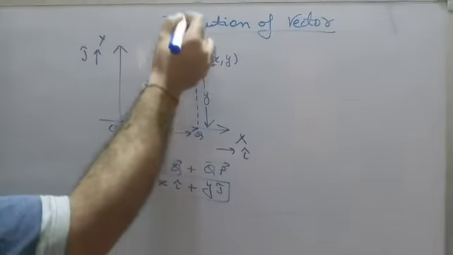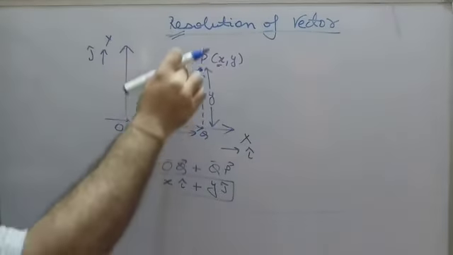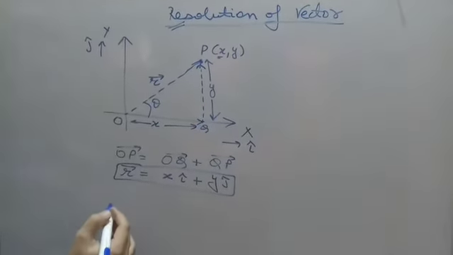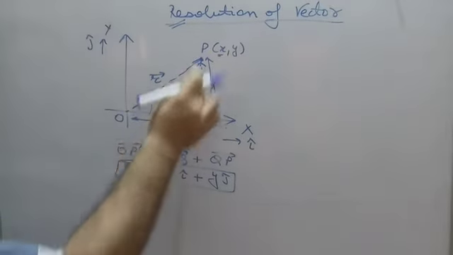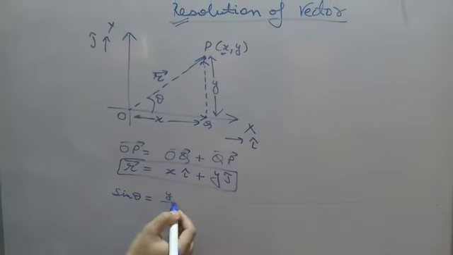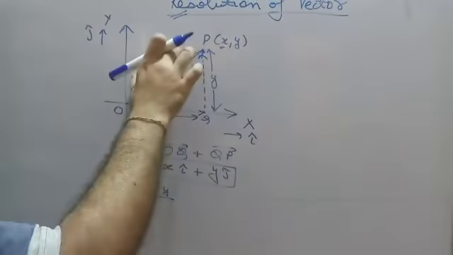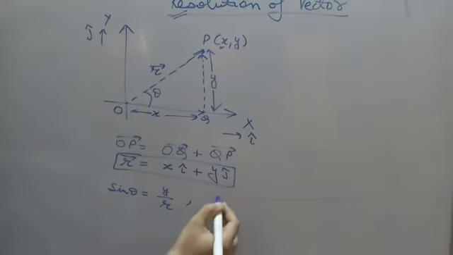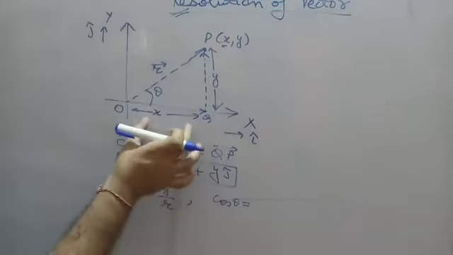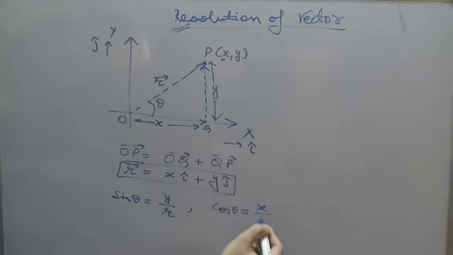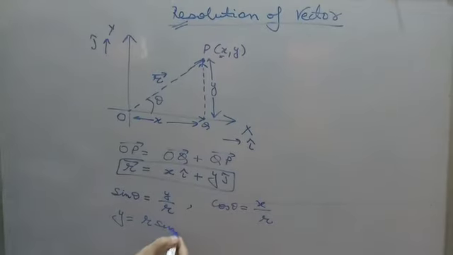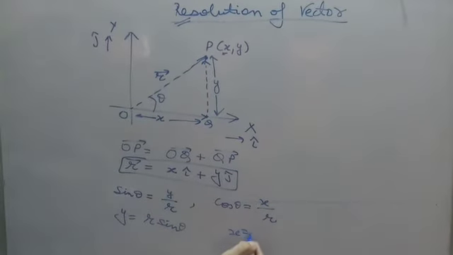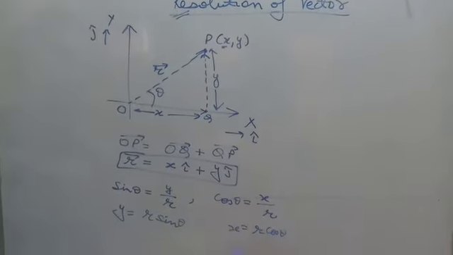Now coming back to the topic, resolution. From the same diagram we can get sine theta and cos theta as well. Sine theta is perpendicular upon hypotenuse, which is y upon r, and cos theta is base upon hypotenuse, which is x upon r, so that we get y as r sine theta, and x as r cos theta.